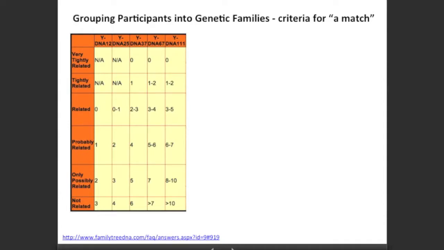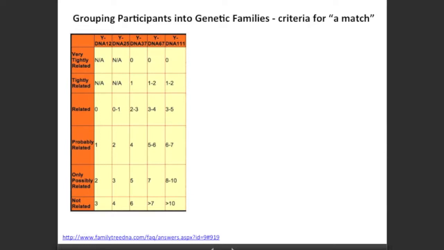Now, the problem with this approach is it doesn't take into account fast mutating markers versus slow mutating markers. It just lumps them all together. And I would contend that if you have a distance of 5 and they're all in fast mutating markers, that's going to be much less relevant than if you have a distance of 5 and they're all on slow mutating markers.